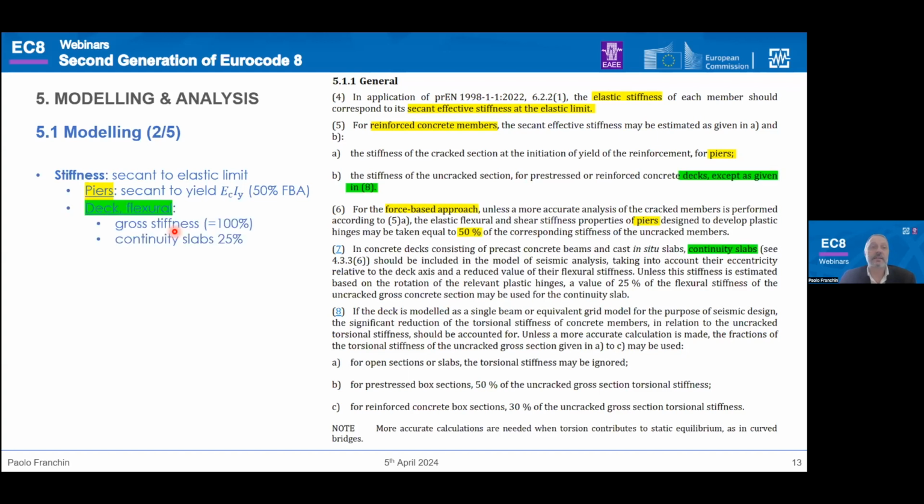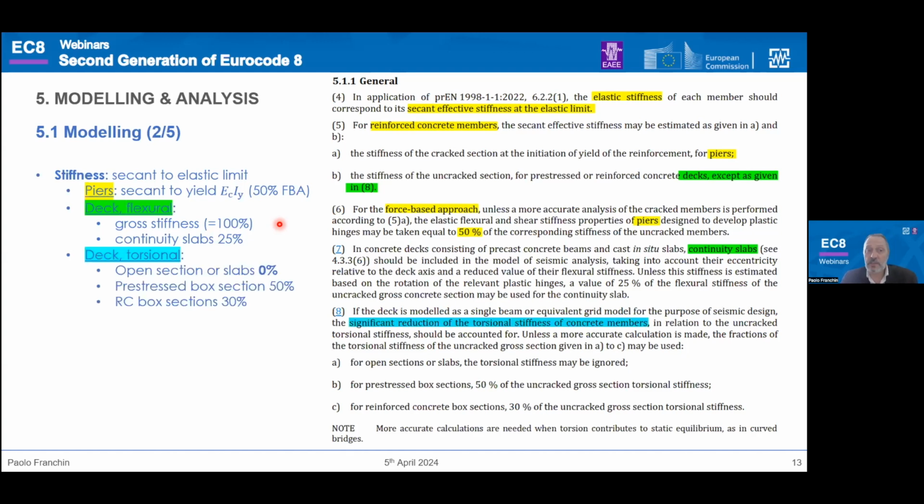For the deck, we should consider the gross stiffness. We consider that no inelastic action happens there, and we only consider a reduction to 25% for the continuity slab for the reason that we explained before.